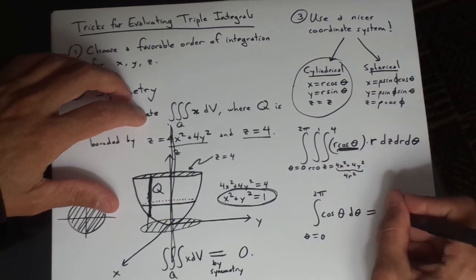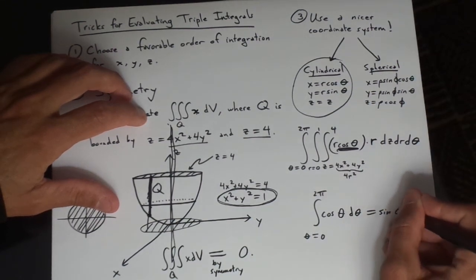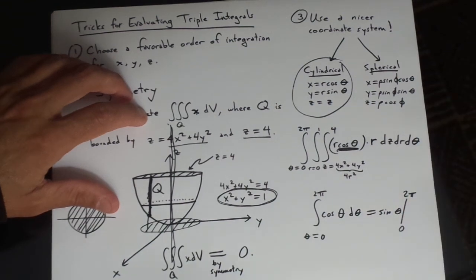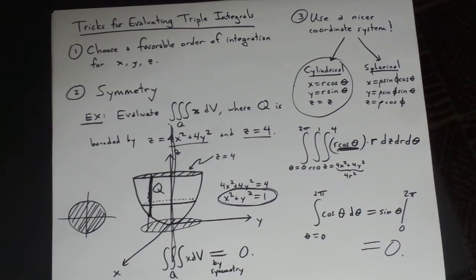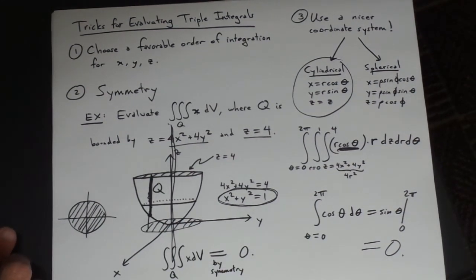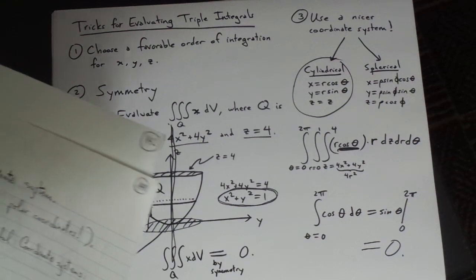Sure enough, when you integrate the cosine of theta, you're going to get the sine of theta from 0 to 2 pi, and that is indeed 0. So by symmetry, we are going to get 0 for the answer. Great. Hopefully this is making some sense so far.